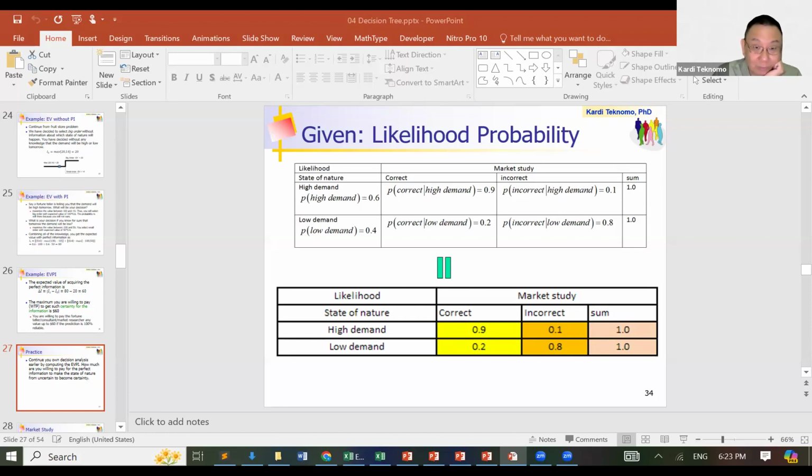Look at this market study. A while ago we knew already 0.6 and 0.4. These are called prior probability. Now, what we want to know is the posterior, right?